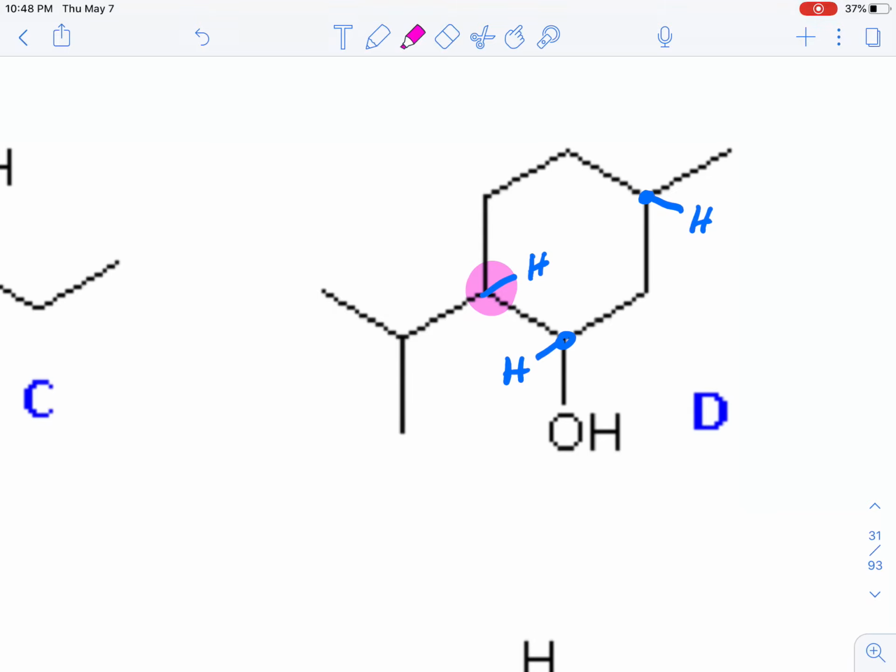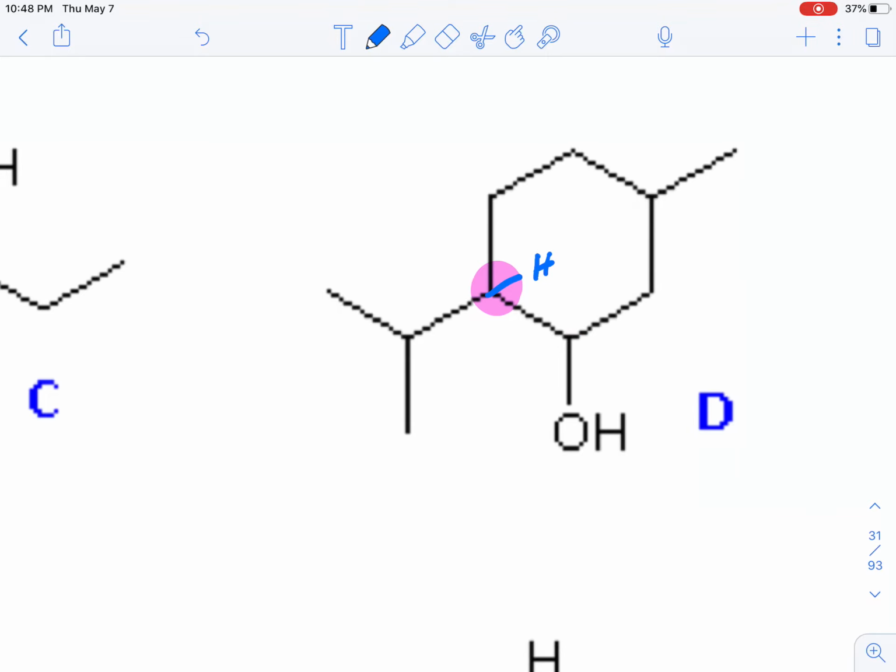I'm going to erase these 2 hydrogens for now and focus on the carbon that I've highlighted in pink. This carbon is connected to a hydrogen, so that's one unique substituent. And this carbon is connected to an isopropyl, so that's another unique substituent. It's different than just a hydrogen.